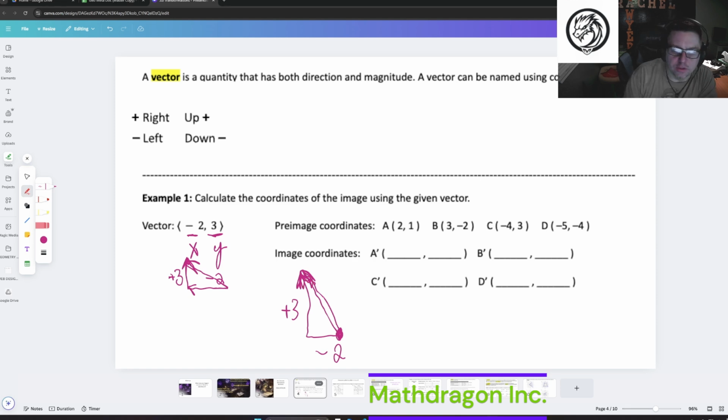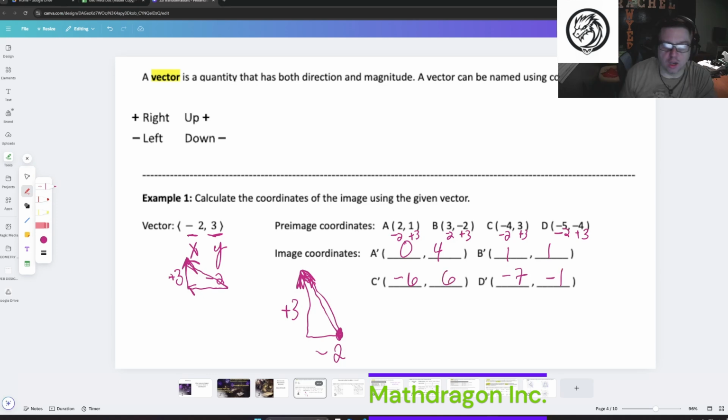Okay, so what we're going to do with that is take that -2 to all of these. So that will become 0, that will become 1, this will become -6, and this will become -7. And then we're going to do a +3 to all of them, +3, +3, +3, and that's going to give us 4 here, a +1 there, a +6 and a -1.